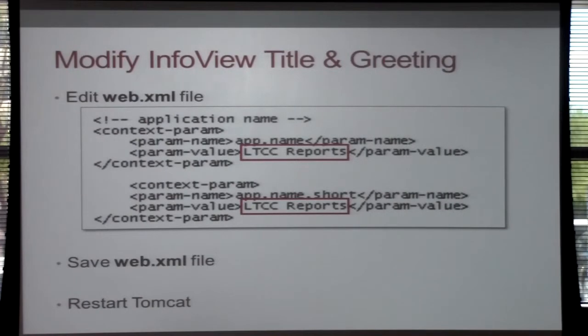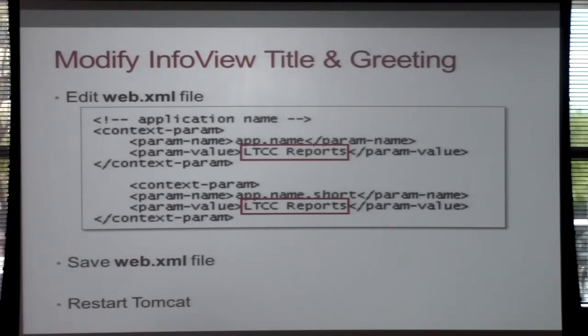As I said, there's a bunch of parameters in there, but the ones that you're looking for are the ones shown in this screenshot. There's one called app.name, and another one called app.name.short. By default, that text there in red, you'll see that it's filled in with the word InfoView.